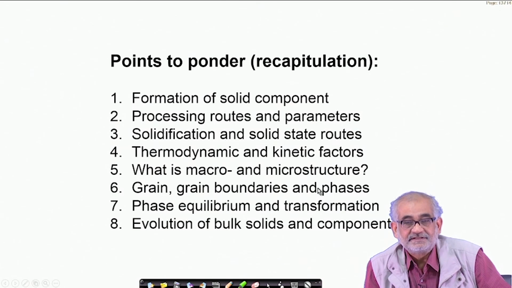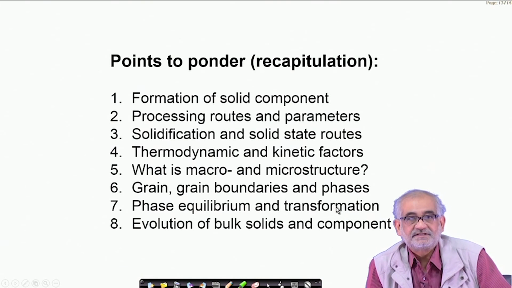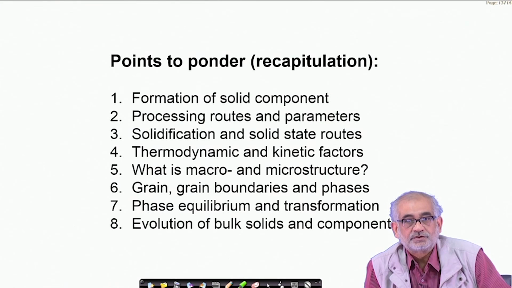So what we reveal in terms of microstructure comprises grains, the boundaries, and various shape, size, morphology, and volume fraction of the phases. These phases or phase aggregates are embodied in the concept called phase equilibrium and phase transformation, which is primarily governed by the stability index called Gibbs free energy, or to be more precise, the chemical potential of a particular species or component in a given phase or in a given phase aggregate.